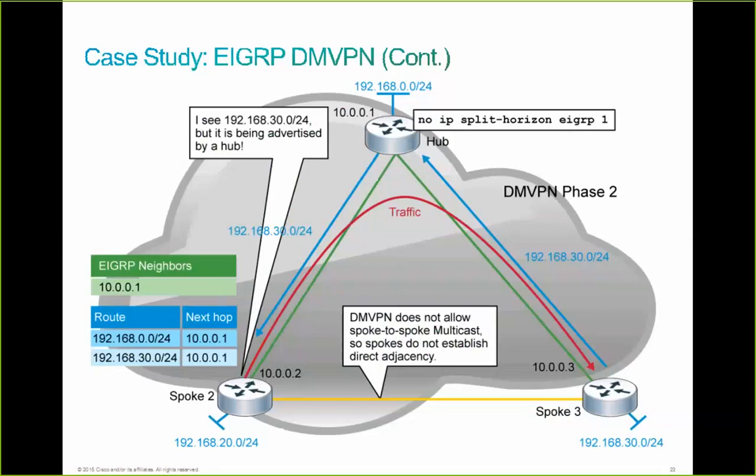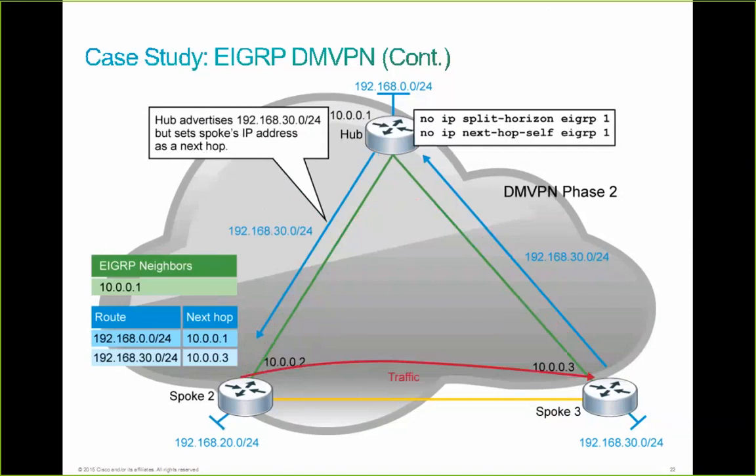So the hub router can still relay all the advertisements that it receives from the spokes, but it doesn't necessarily have to advertise itself as the next hop for those particular routes. The default behavior is for it to advertise itself as the next hop for those routes, but we can configure the hub to not do that, right?